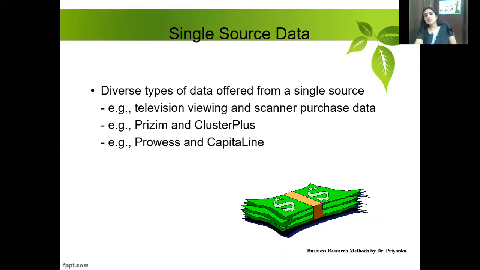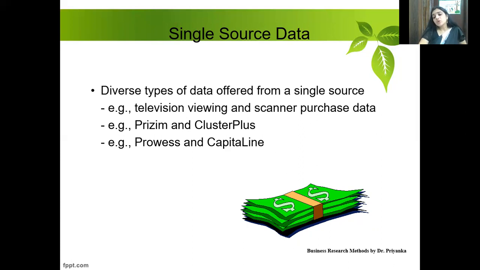There are some single data sources as well. For example, diverse types of data offered by single sources, like television viewing, scanner purchase data, or Prism and Cluster Plus data. These software provide data for companies. Prowess, Capitaline, you can collect data from these databases within a matter of clicks.